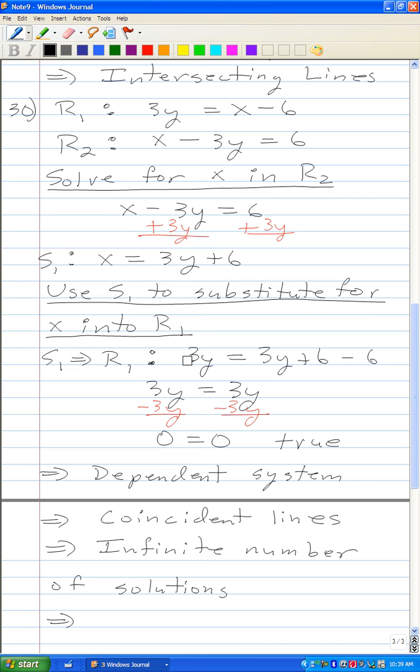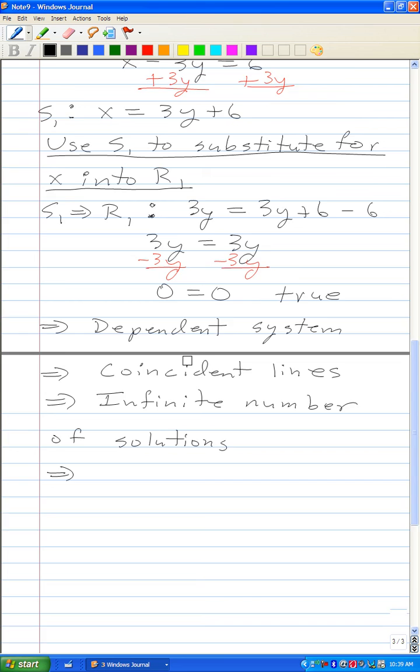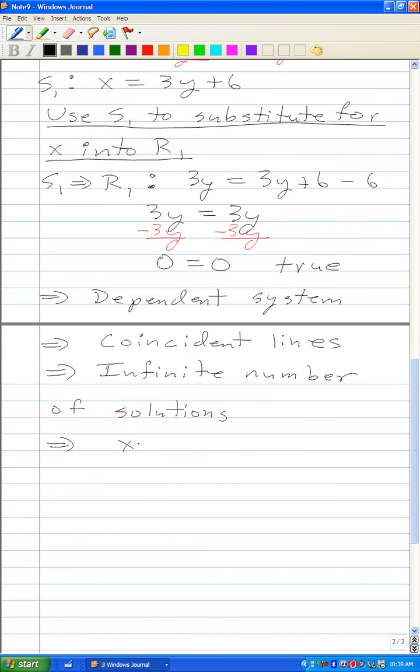And that means that I can pick either equation. Let's say R2. So that means that any set of ordered pairs that solve this equation will be a solution to your system.